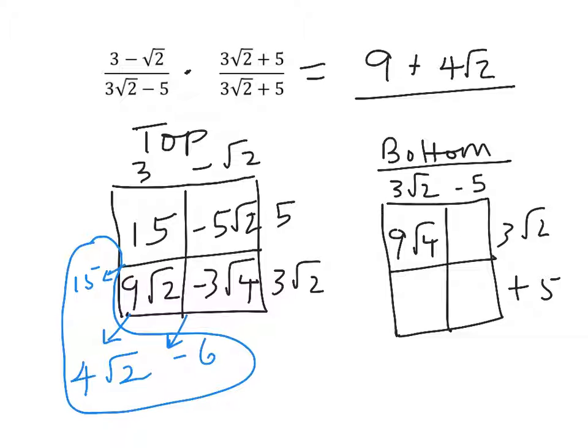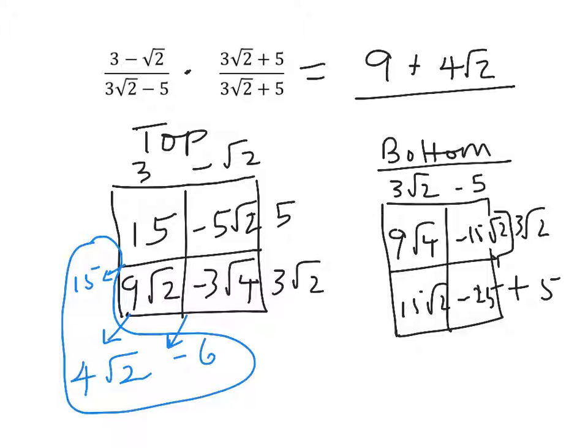And this box will be 15 root 2. This is negative 15 root 2 over here. Sorry, I need to rewrite it. So that will be 3 root 2 times 5, which is 15 root 2, and negative 15 root 2. Okay, that's that one. And here is negative 25.